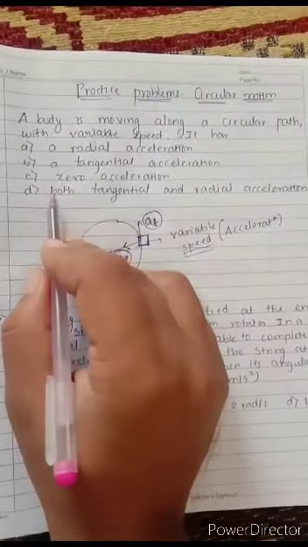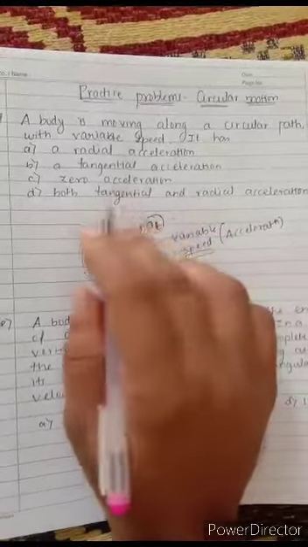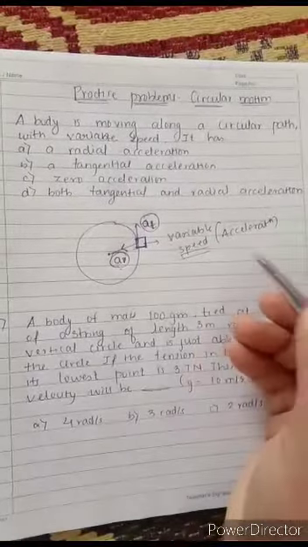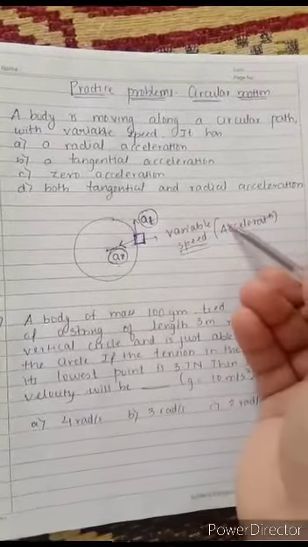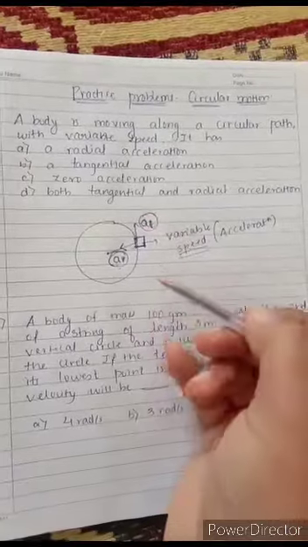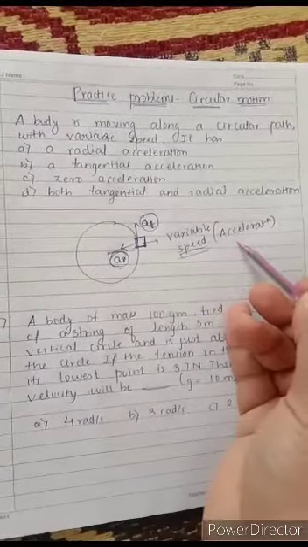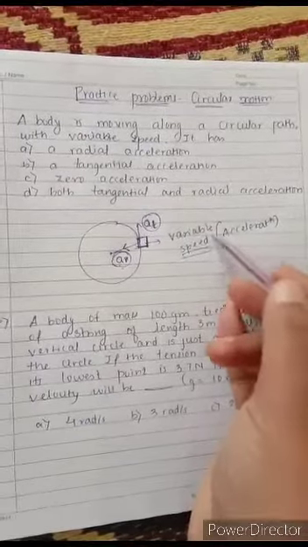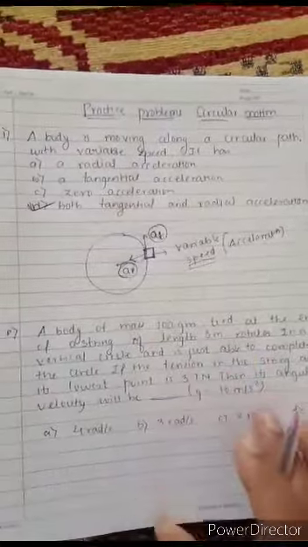So this should be option D, both tangential as well as radial acceleration are acting over the body. I'll again explain why: because it has variable speed, it will have a radial acceleration also and a tangential acceleration also. Variable speed first of all implies acceleration, so remember this one. This is the hint behind this, so option D is the correct answer.